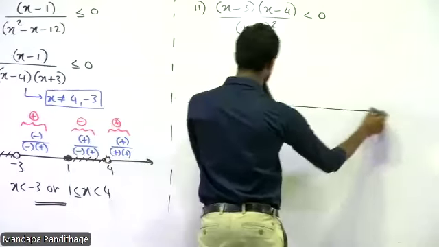But now look what happens here. If you consider any number less than minus 6, let's go with minus 7. Minus 7 minus 4 is minus, and minus 7 plus 6 is minus. I admit, but it is squared. So when it is squared, this becomes plus.